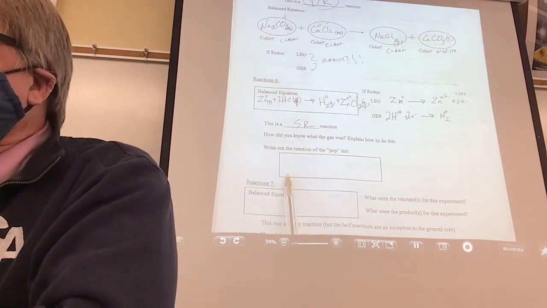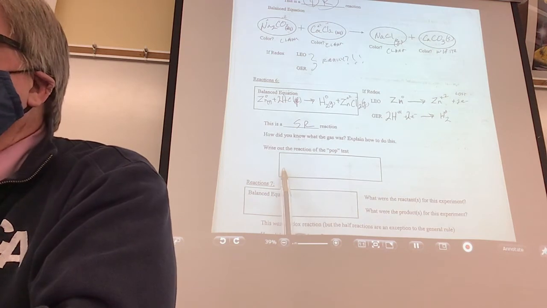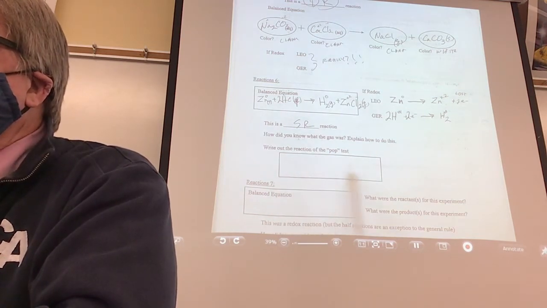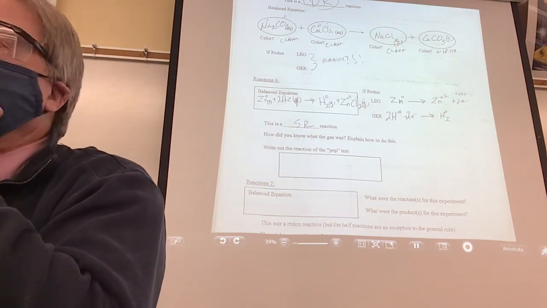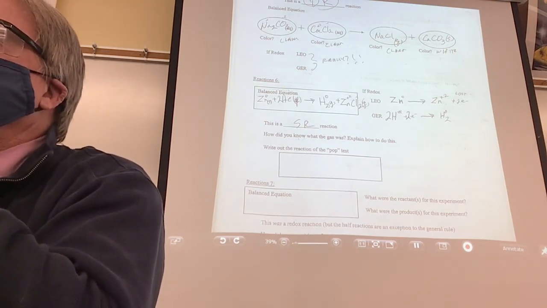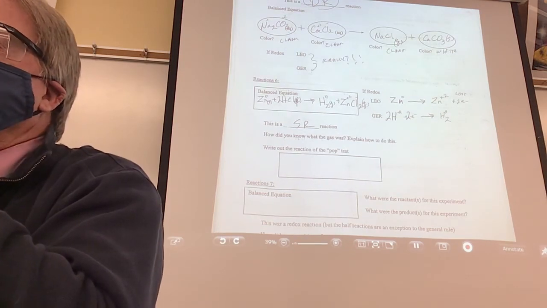So, here's one I never asked you, but I will on the test. There were 2 reactions at that table. One of them was the pop test. Ready? I'll give you 1 minute to see if you can give me the balanced equation of the pop test. Raise your hand as soon as you got it. Wait, is that one of those trick questions again? All right, write out the balanced equation for the pop test.